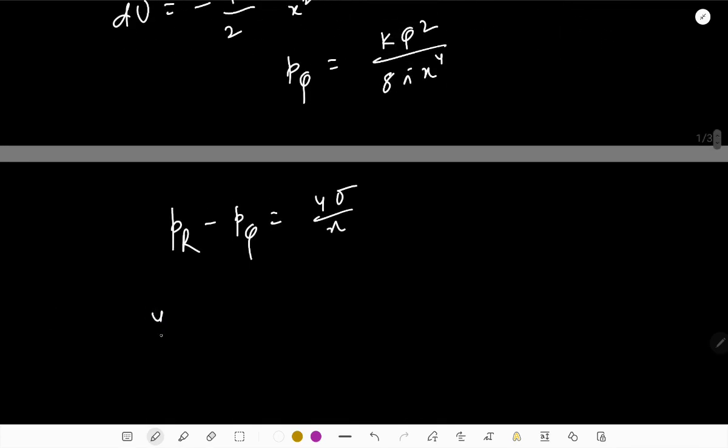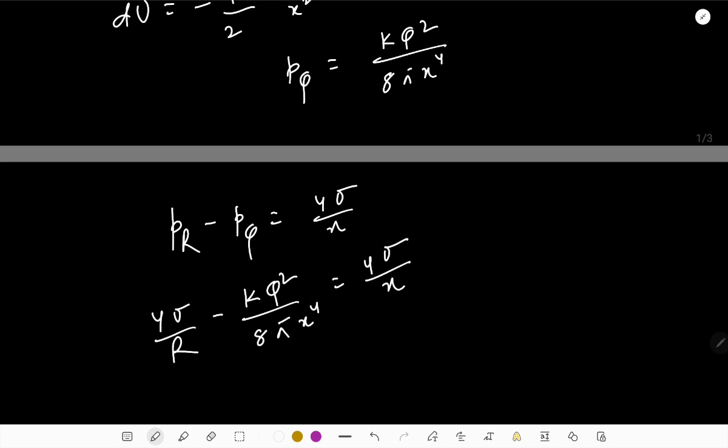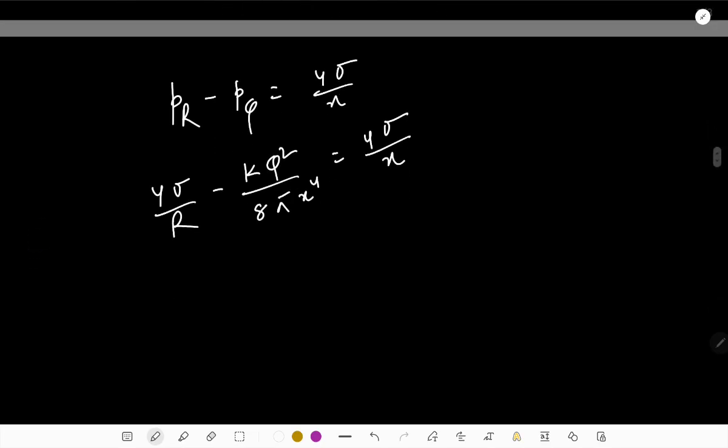And P_R is simply 4 sigma by capital R, we can write it, and P_q will become k q square by 8 pi x raised to 4, and that will be equal to 4 sigma by x. And you can calculate this relation to find the value of q.